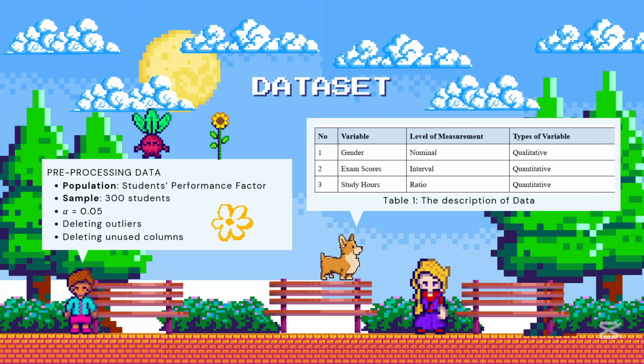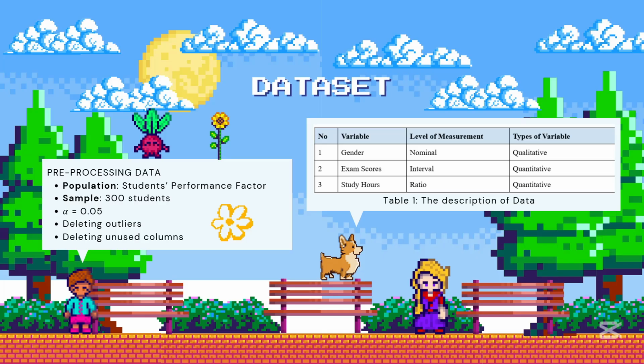Basically, what we have done in pre-processing data is that we have a total population of 6,608 students, but we decreased it to use a sample of 300 students only, and we also use the confidence interval of 95%, which is equal to alpha of 0.05.